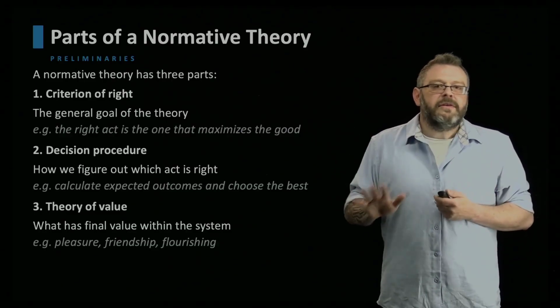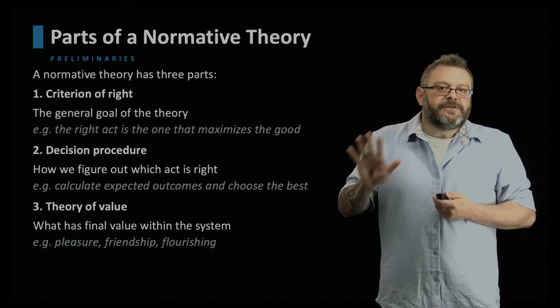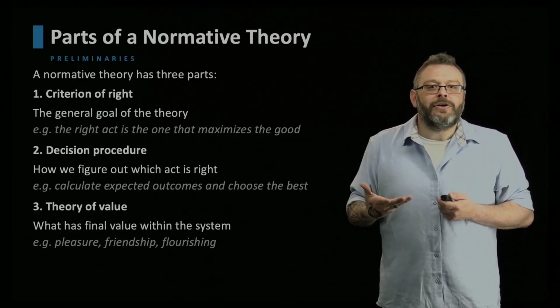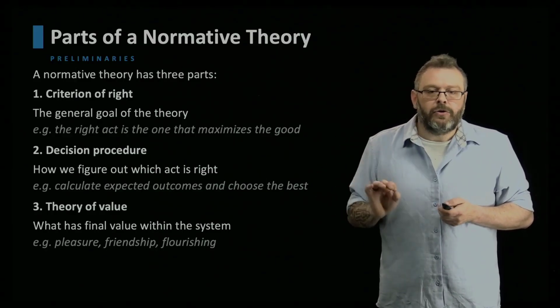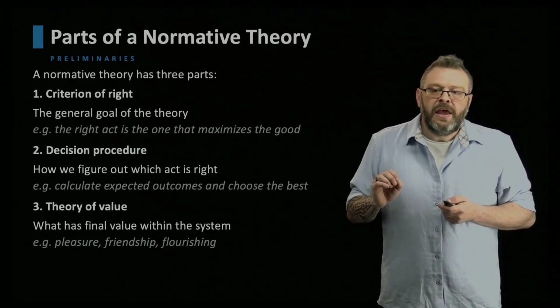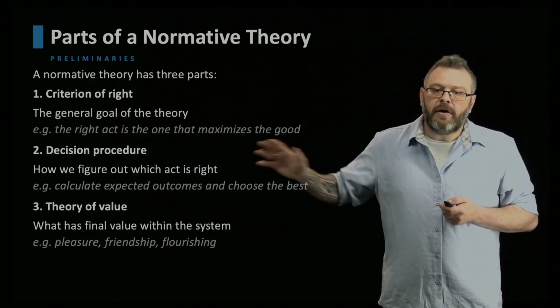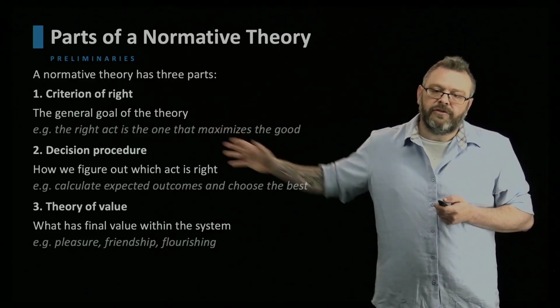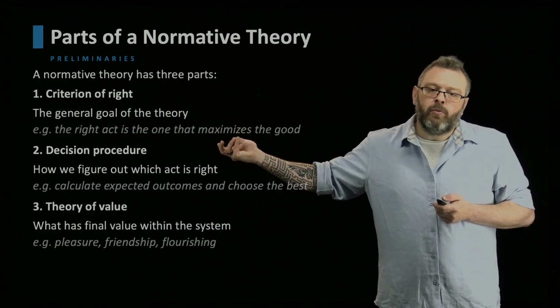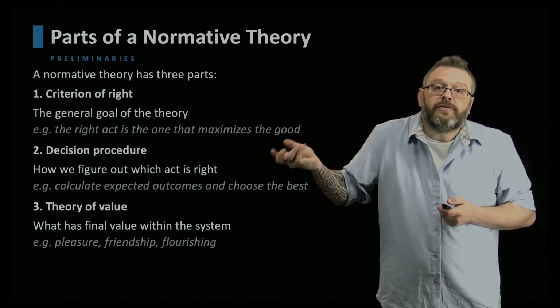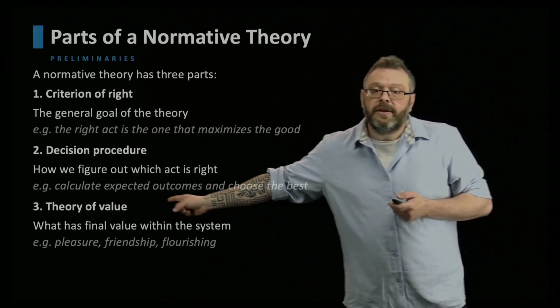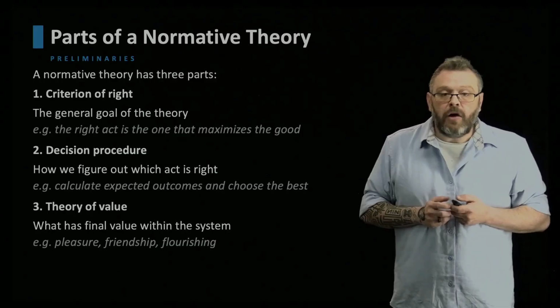Now, good in this course doesn't mean good. Good means valuable. Almost all the time, good means valuable. And so for a consequentialist theory, we want it to bring about stuff that we care about, stuff that is valuable. That's why we need a theory of value.